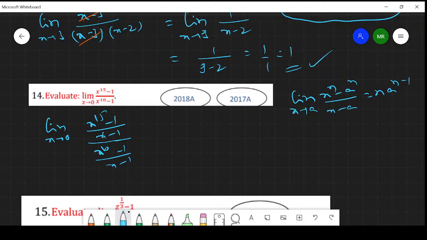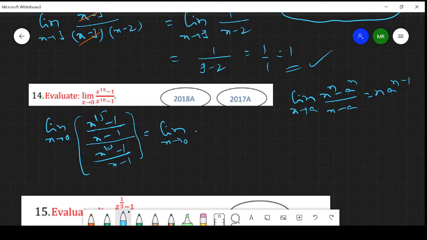You divide numerator and denominator by x minus 1. This is x minus 1. See here, I will write x power 15 minus 1 by x minus 1, by x power 10 minus 1 by x minus 1. Because you have divided numerator and denominator by x minus 1, now I can separate.